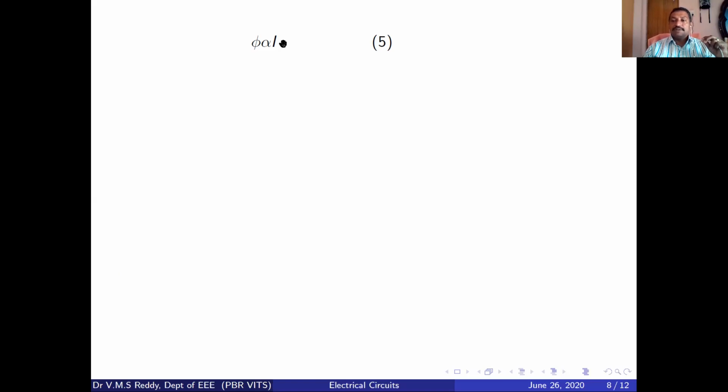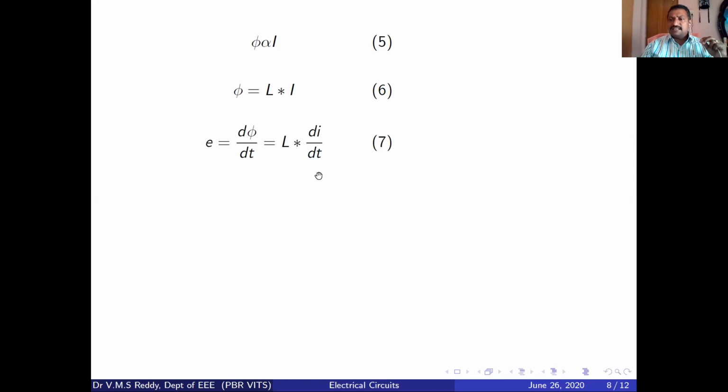Current is 100 amperes, 1,000 flux are produced. That is the nature of the relation between flux and current. Then when we remove this proportionality and make it an equality, a constant should appear. That constant L is called the inductance of this inductor.